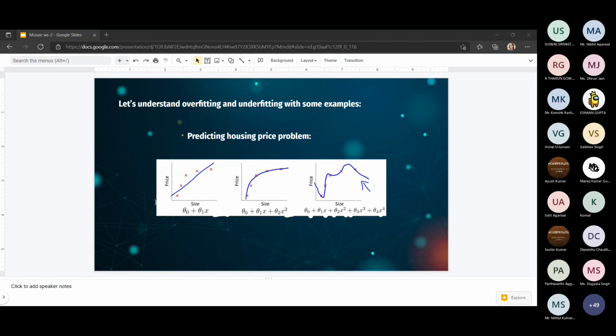Whenever your cost function gets close to zero, you will get a learning curve like the third one, which is passing through all the points. It's trying really hard to fit the training set so that it even fails to generalize to new examples. New examples here refer to data that the model hasn't seen before.